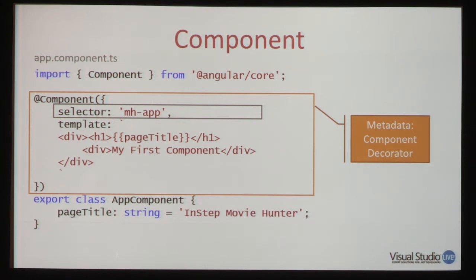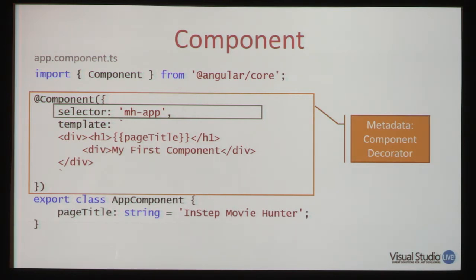So we're going to have an HTML tag called mh-app. Now, how did I get that name? The recommendation is to use some kind of abbreviation appropriate for your app. So I used MH for Movie Hunter, and then -app, because this is our app component. Okay, makes sense? So you wouldn't use MH probably, you would use whatever would be appropriate for your application.